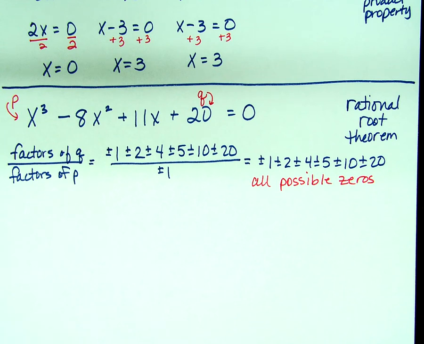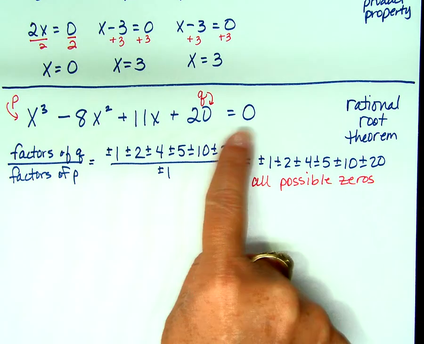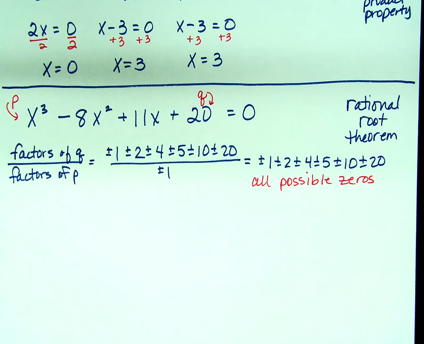Now, what do we do with these possible zeros? Can I give you a hint real quick? I'm going to step aside and take a quick commercial break. A hint about this. I need you to make sure you are reading directions. Number one, the directions could give you a function like this or an equation like this and say, list all possible zeros.